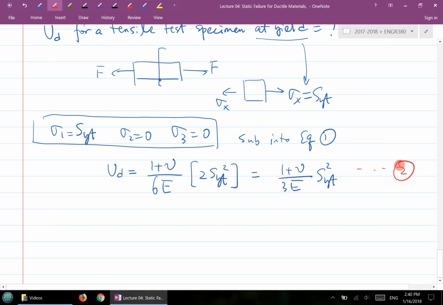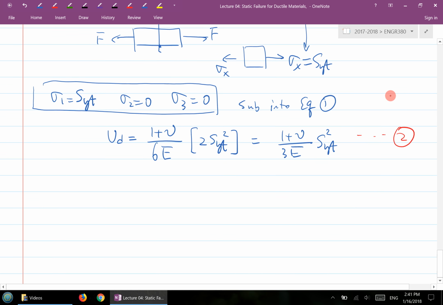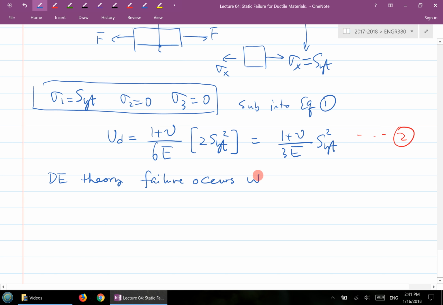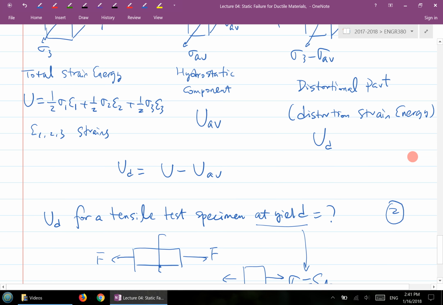So now you have quantity 1 and quantity 2, and it's time to do the comparison by applying the distortion energy theory. The DE theory says failure occurs when quantity number 1 is greater than quantity number 2. Looking at number 1 and number 2, many things can be cancelled.